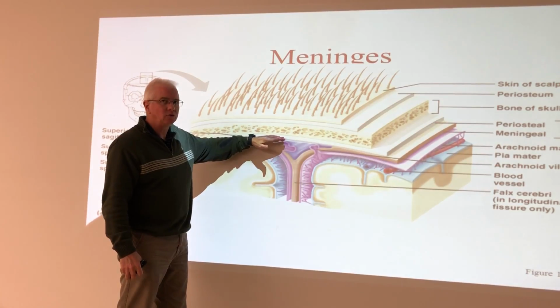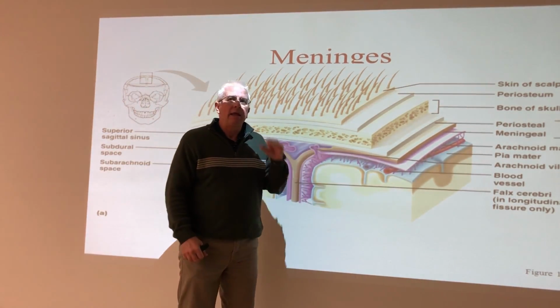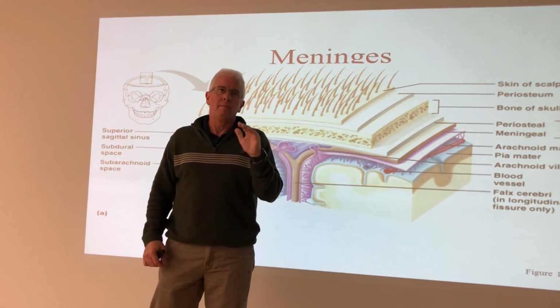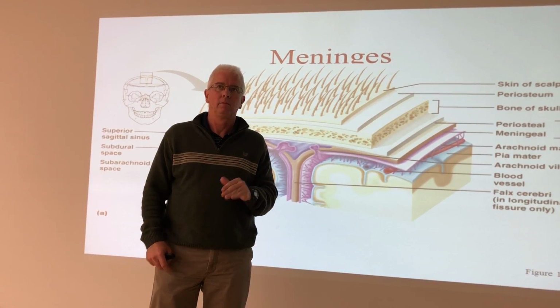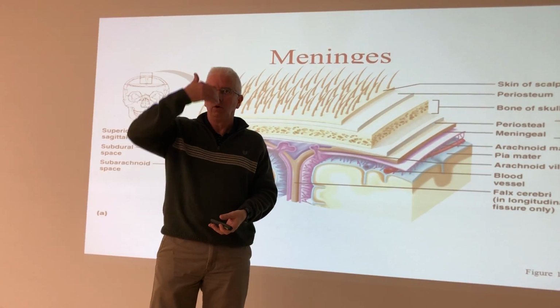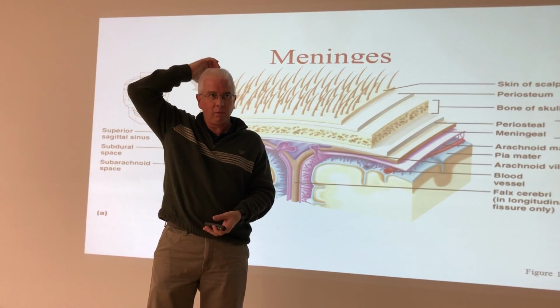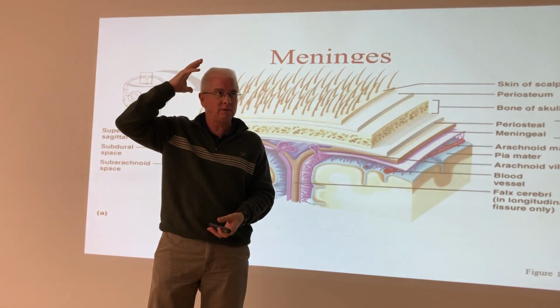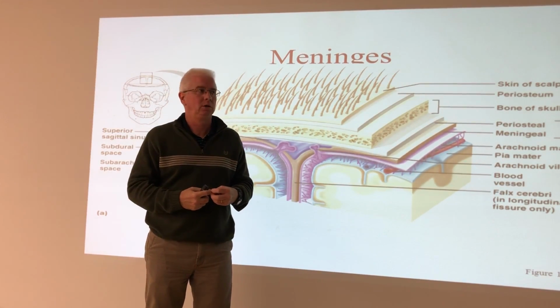Now, here's one reason why this is so important. Because in the places where the major lobes of your brain are separated, for example, you know already that there is a major split between the left and the right hemispheres of the brain. We call that the longitudinal fissure.